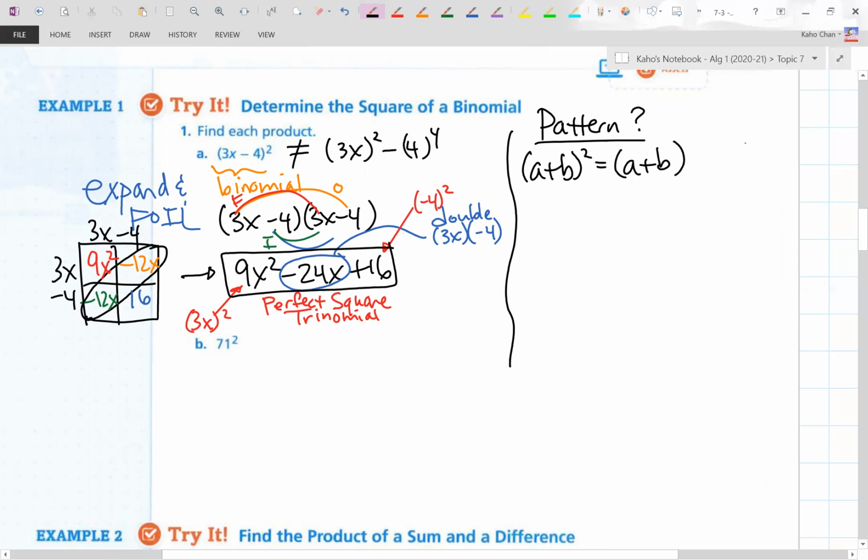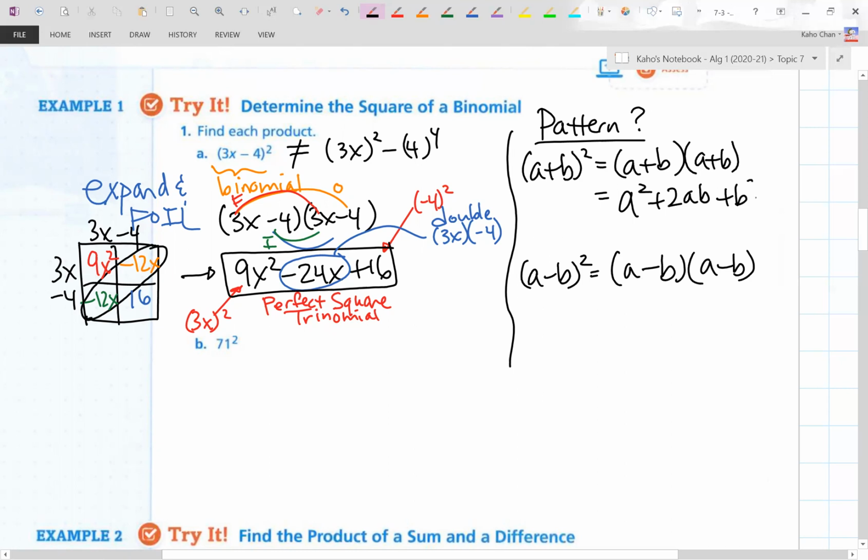Generically, a plus b squared or a minus b squared, when you expand and FOIL, you get a pattern. Again, it's not the end of the world. So you know what it equals? a squared plus 2ab plus b squared. Here this equals a squared minus 2ab plus b squared.